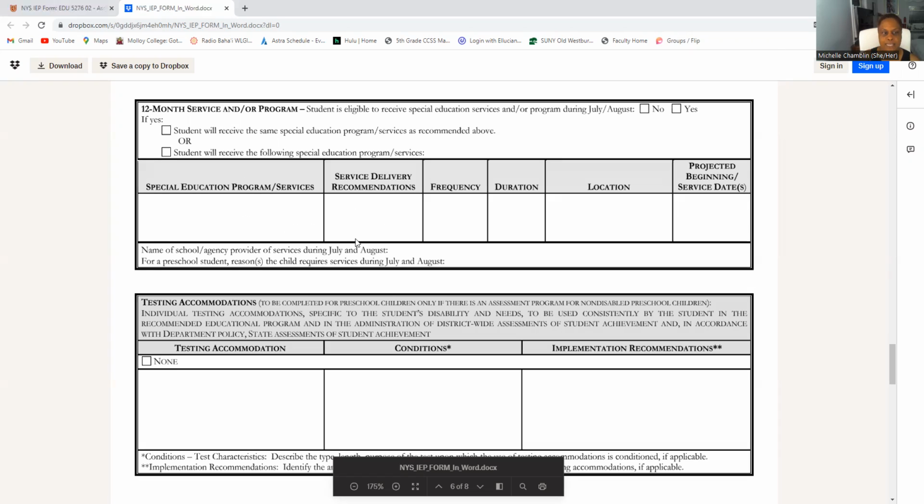There are times when students whose needs can be met go to a school-run summer program where it's considered more of enrichment and it's under general education, like an AIS type of program, whereas this is 12 months.